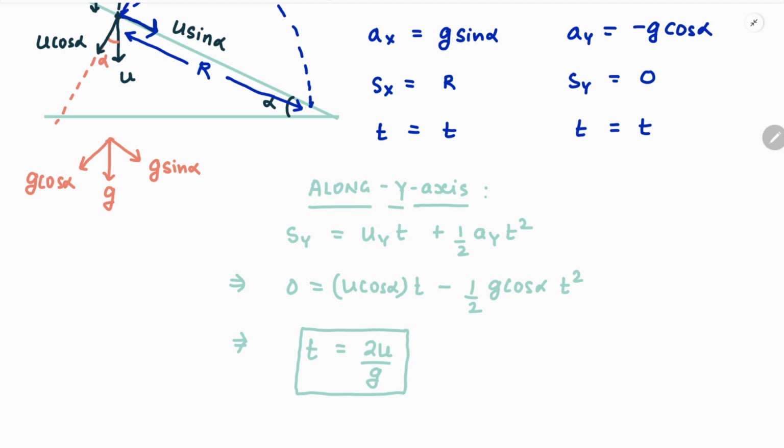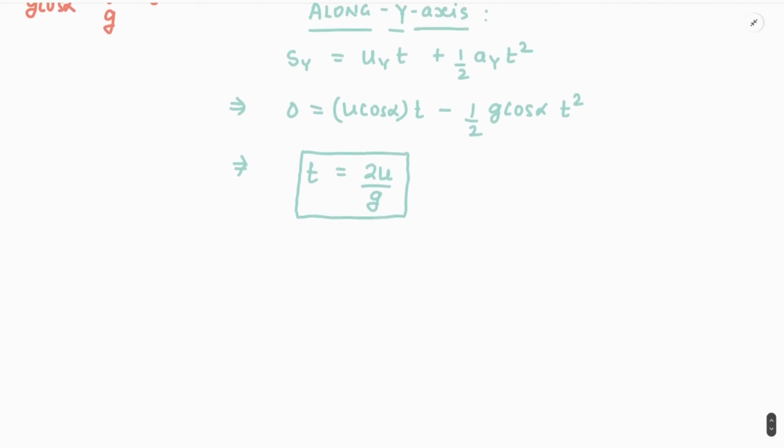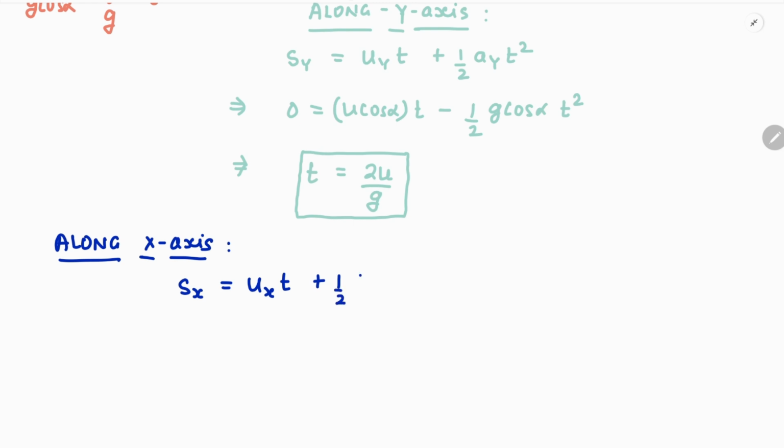The problem has asked us to calculate r, that is, we need to solve along the x-axis as well. So along the x-axis, displacement along the x-axis is initial velocity along x times t plus half a_x t square.